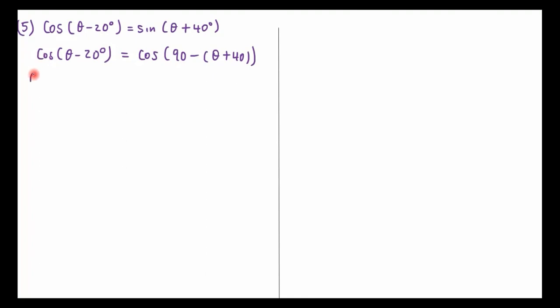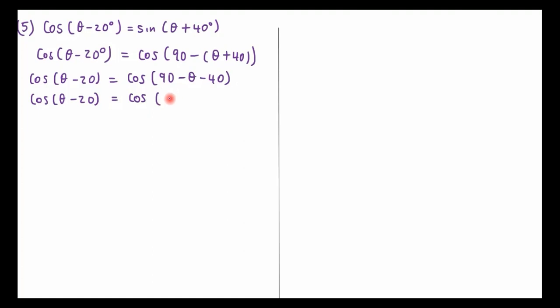Okay, so after this I'm going to simplify what's inside that bracket, or the angle that is inside there. So this is going to be minus theta minus 40. Let me just simplify one more time, and then from here we're going to continue with this method. So 90 minus 40 is 50 minus theta.